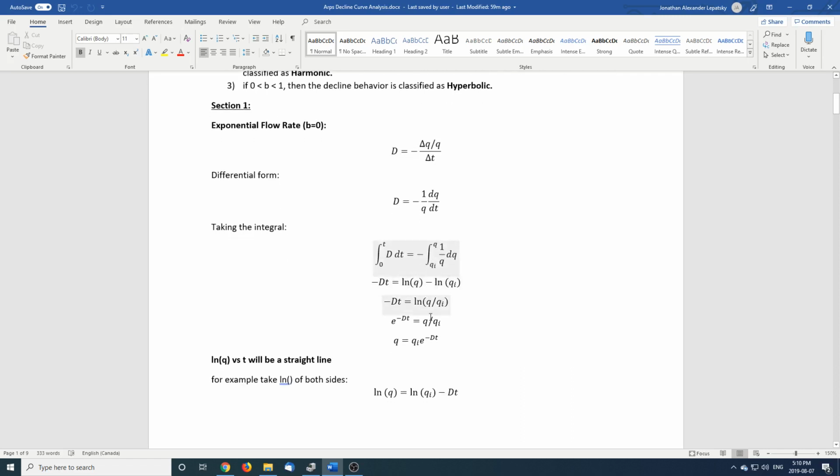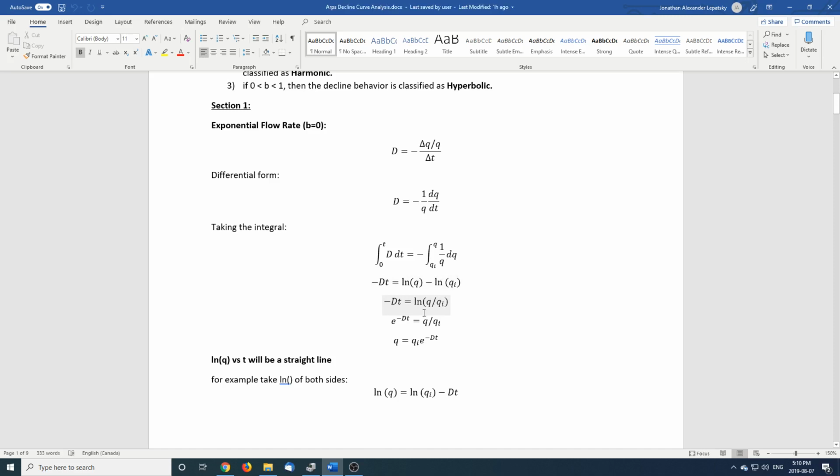And then what you want to do next is solve for Q. In order to do that, you combine these two because it's a logarithm minus another logarithm. You can take the one that's being subtracted and put it on the bottom of the other one to combine them.